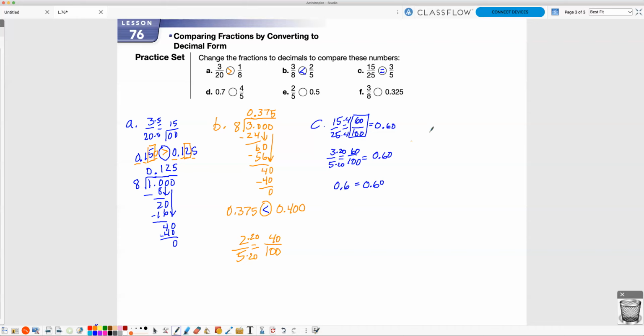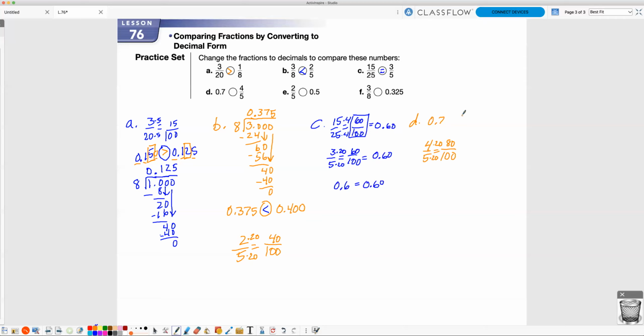7/10 and 4/5. So for letter D, 7/10 is already in decimal format. 4/5, that's compatible with 100 again. So I'm going to put a fraction with 100. Recognize that 5 times 20 equals 100. 4 times 20 equals 80.